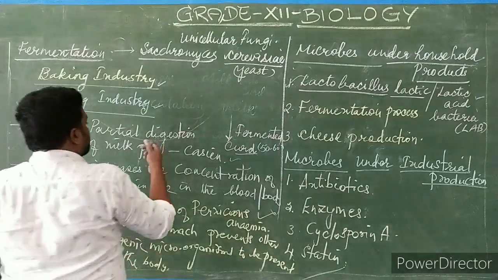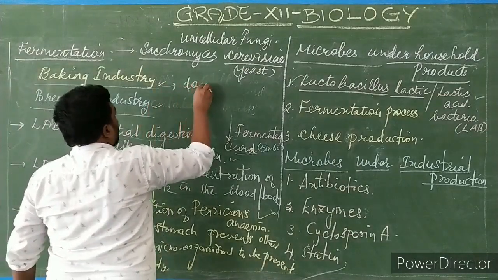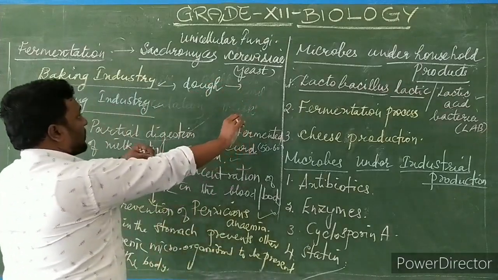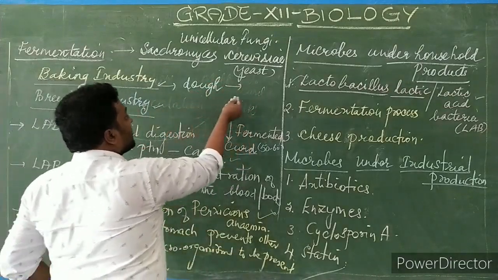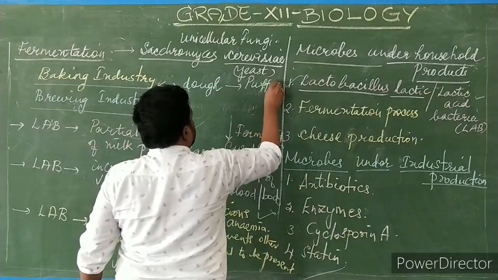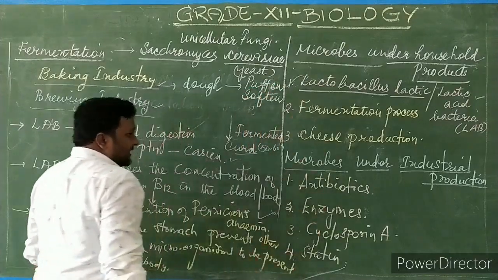For baking industries, what is the principle? What is the process? We take the flour or dough. What happens to this flour? It gets puffed, or softened.